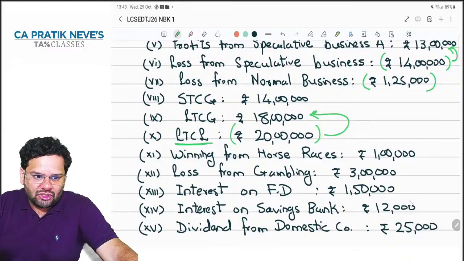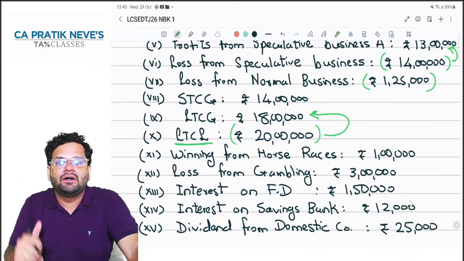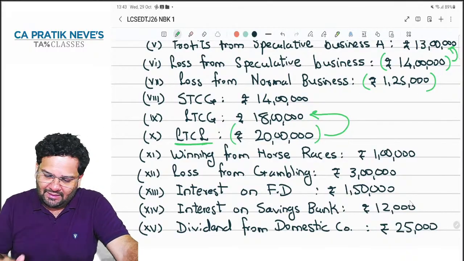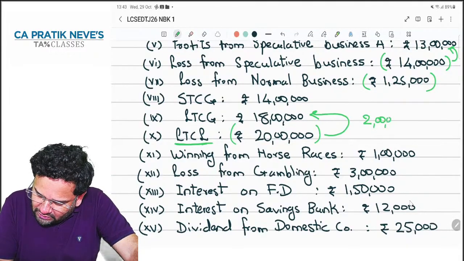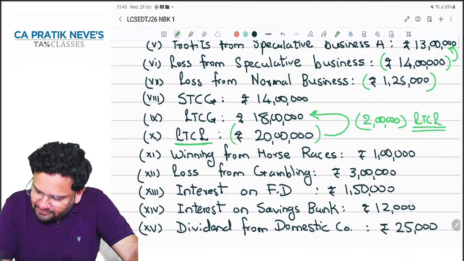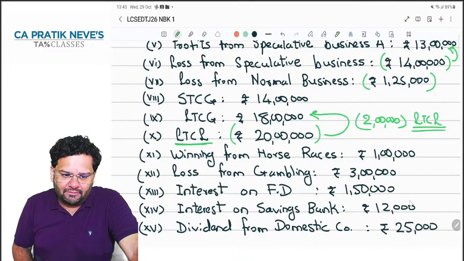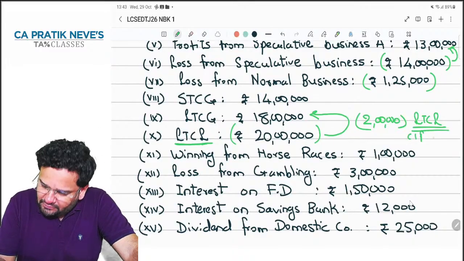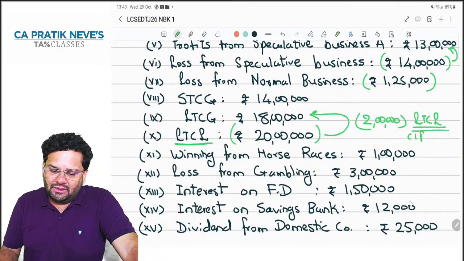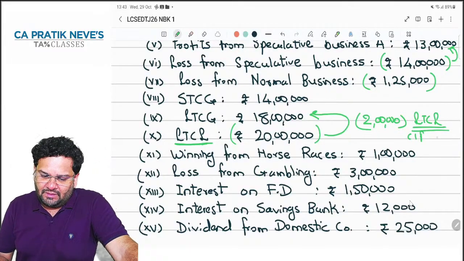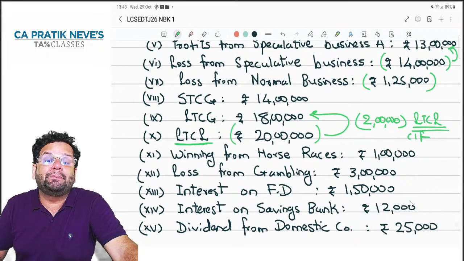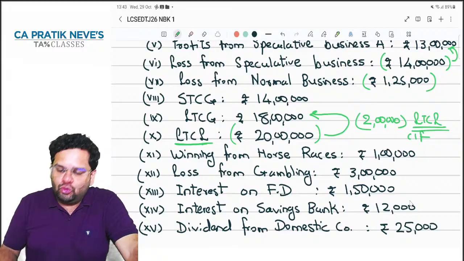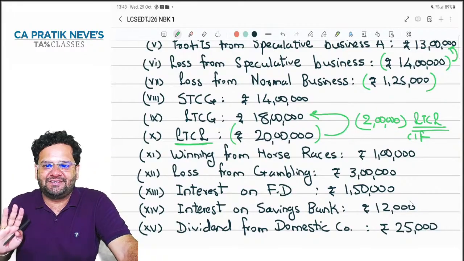Long term capital loss of 20 lakhs will be set off against long term capital gain of 18 lakhs. After that, long term capital loss remaining will be 2 lakh. Can't do anything with that. You will have to carry it forward. You know, long term capital loss cannot be set off against short term capital gains. Long term capital loss can be set off only against long term capital gains.